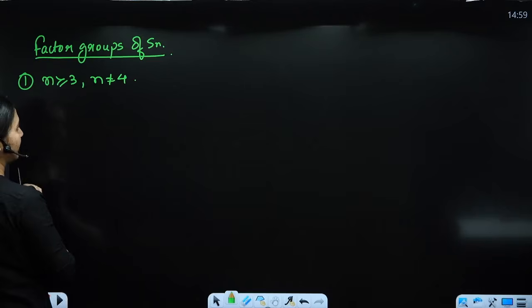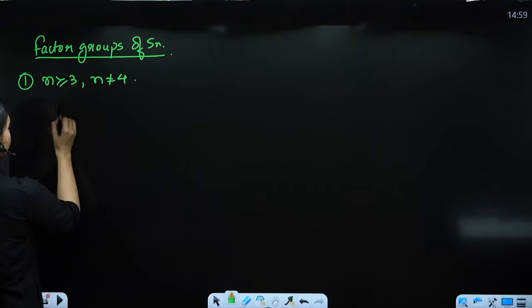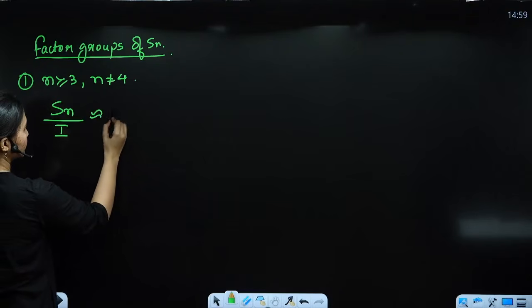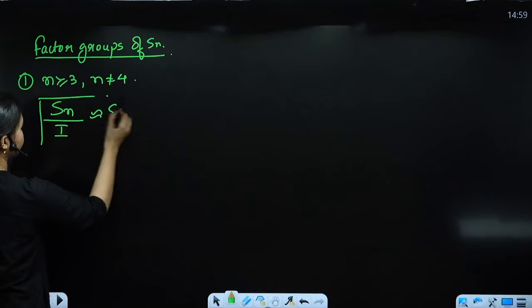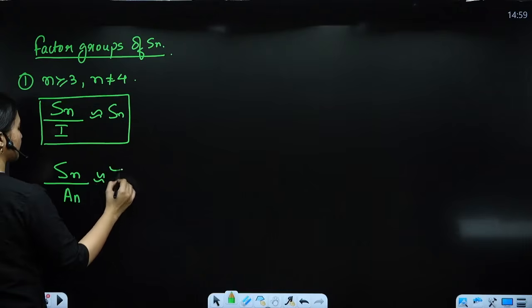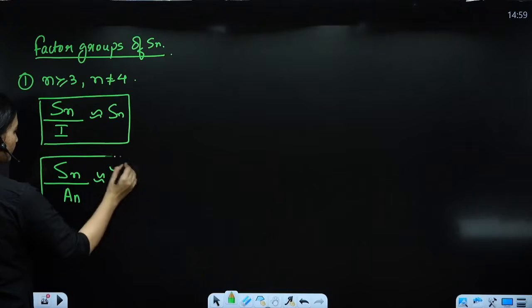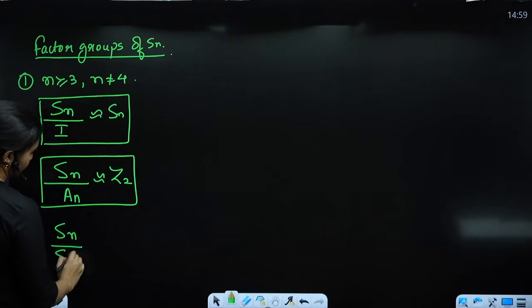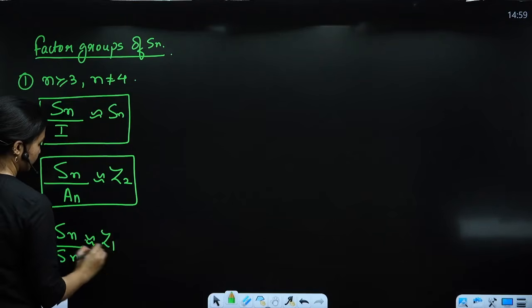So 3 factor groups are also going to be there. That is going to be Sn upon identity, which is going to be isomorphic to Sn. Then you have Sn upon An, which is going to be isomorphic to Z2, right? And then you have Sn upon Sn, which is going to be isomorphic to Z1.